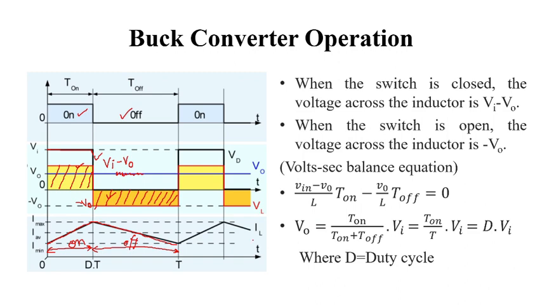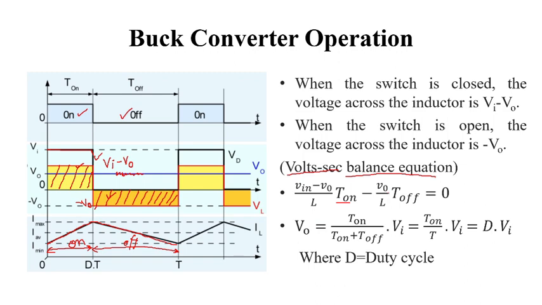If you write the volt-second balance equation for this inductor, it is (V in, the input voltage, minus V naught) upon L into T on, minus V naught upon L into T off, equal to 0.